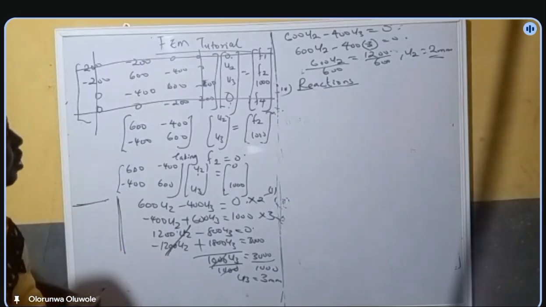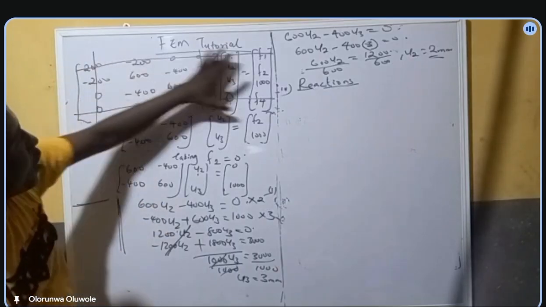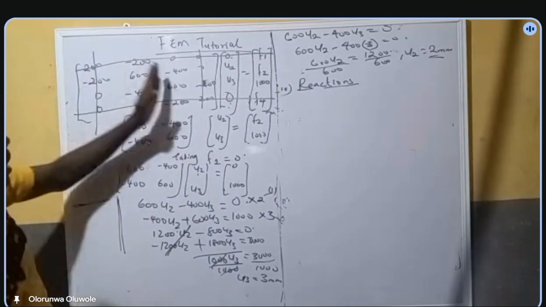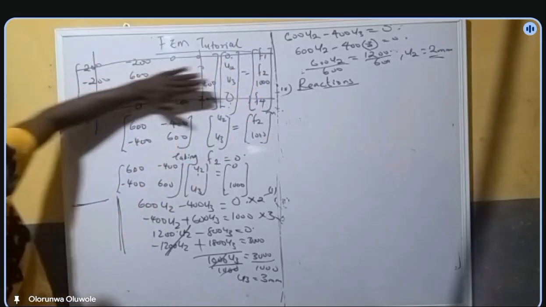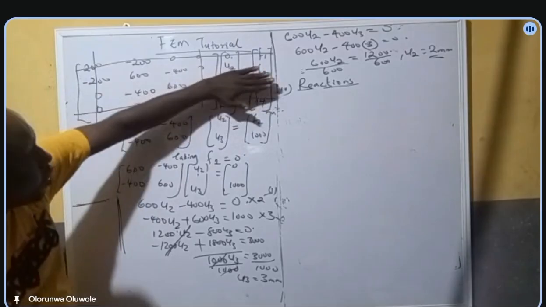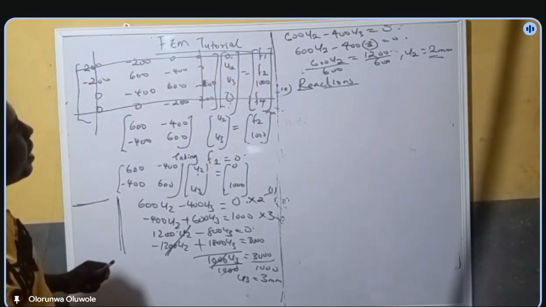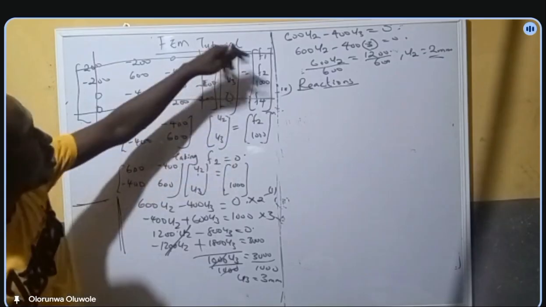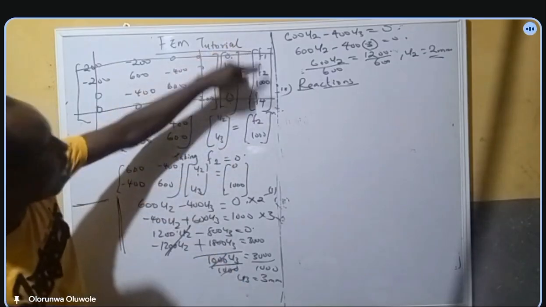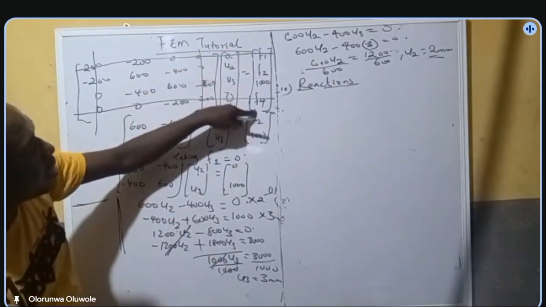You come back to your table here, the equation you have formed, that your K times U equals F. This equation here, the matrices here, you come to this place again. Remember that we have gotten our U2 and U3 now, so it's easy now. Now, your reactions are F1 and F4. Those are the two reactions at the two ends.